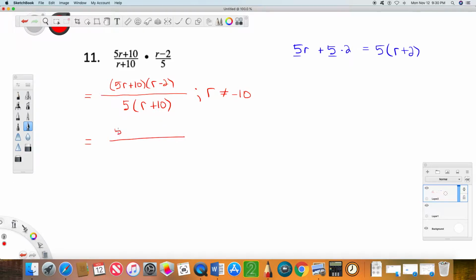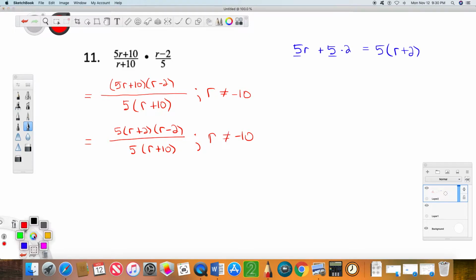So I've got 5 times the quantity r plus 2, r minus 2, and 5 times r plus 10. I've got my restriction that r can't be negative 10.